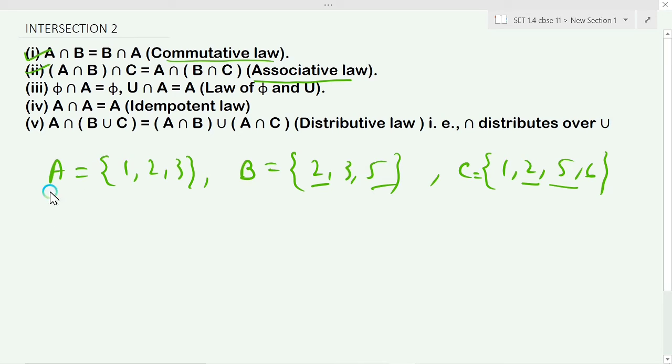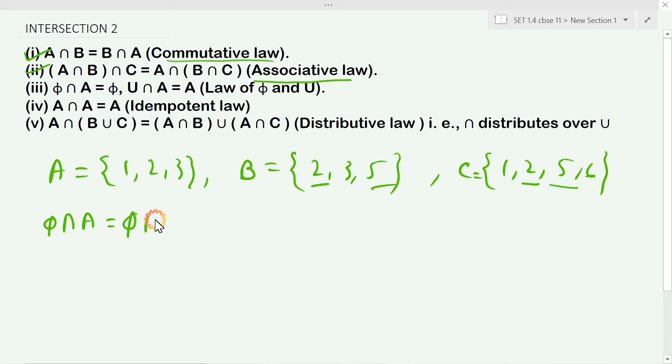For the third property, phi intersection A. We know that phi is the empty set and does not contain any element, but A contains 1, 2, 3.